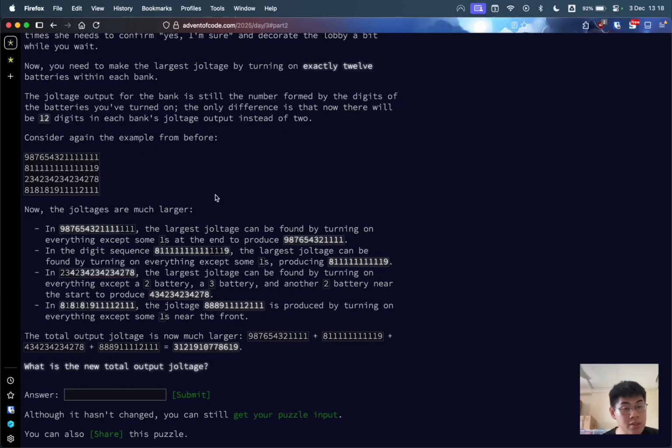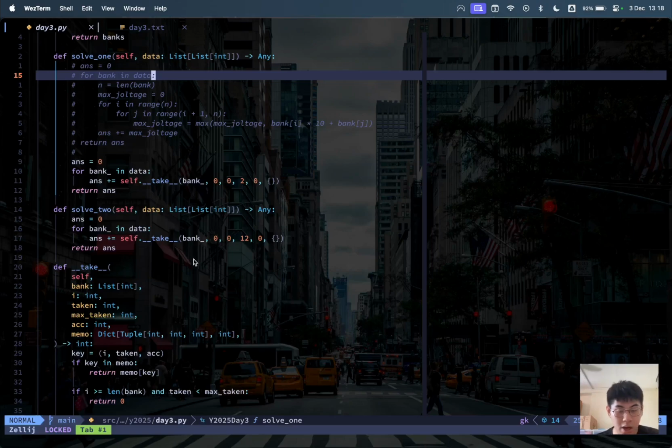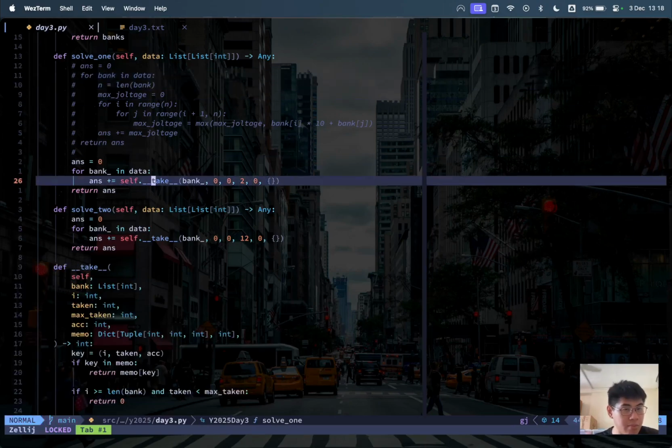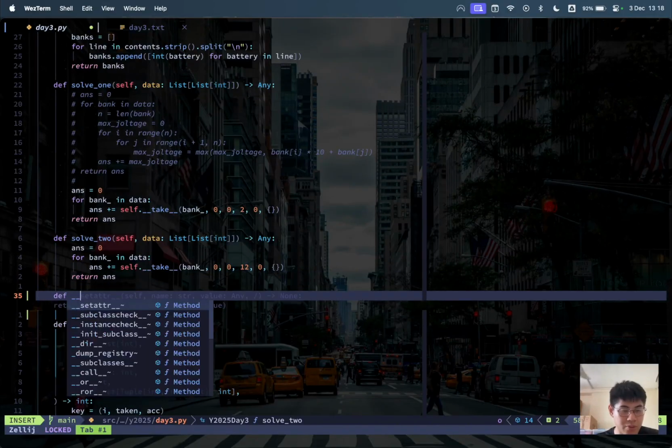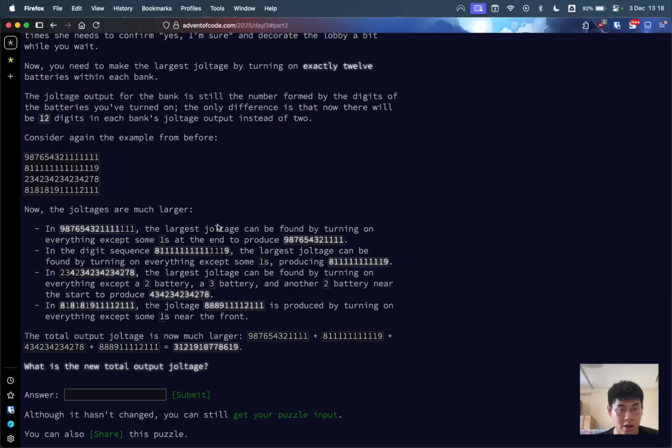If there are, we update that digit to be the maximum. Otherwise, if there aren't any more digits, we know that we have already found the maximum we can have, and we move on to the next digit. Yeah, I think that might be a much better solution.